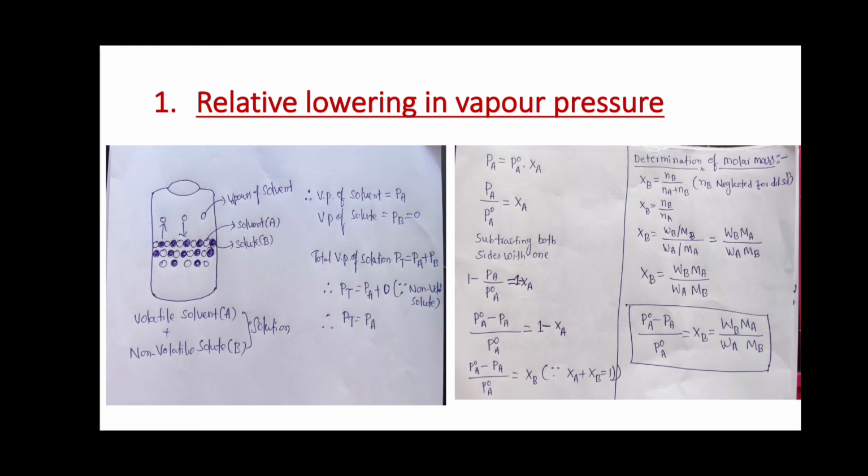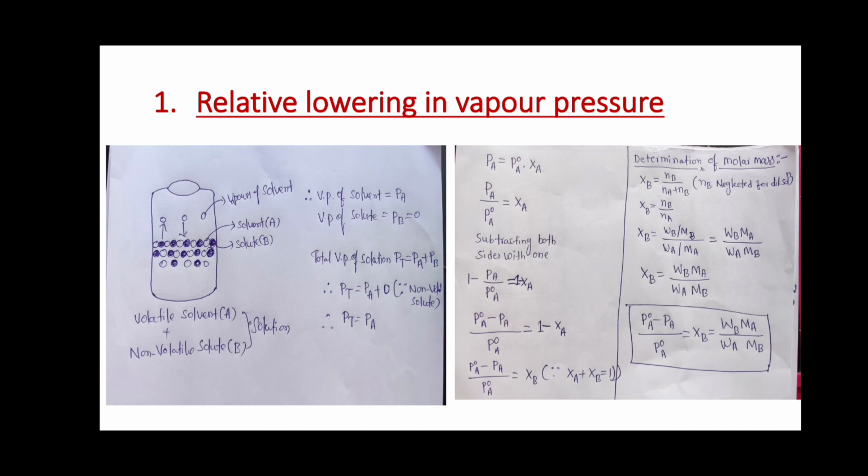Here two types of particles occupy the surface of the solution, but only volatile solvent particles create the vapor pressure, not non-volatile solute particles. So by adding non-volatile solute particles to the solution, the surface occupied by the solute molecules increases.